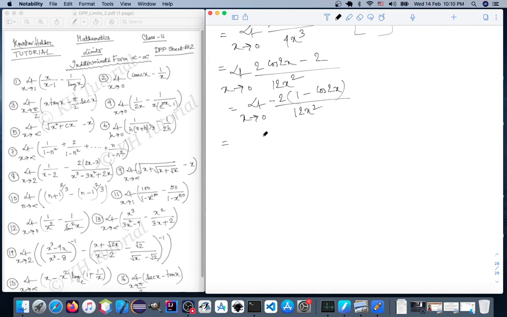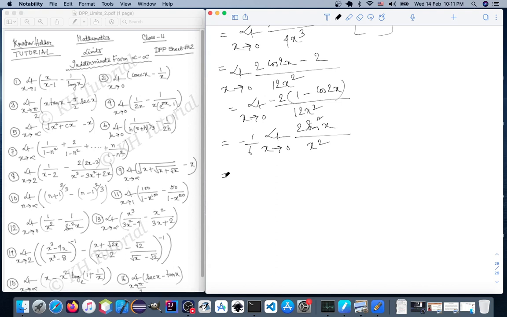This becomes minus 2 by 12, so minus 1 by 6 outside, and 1 minus cos 2x is 2 sine square x, and we have in the denominator x square.